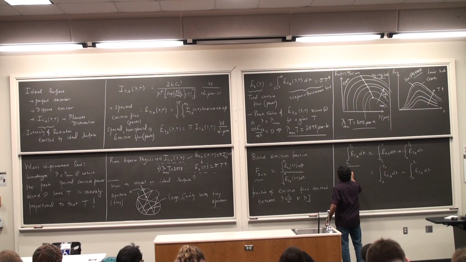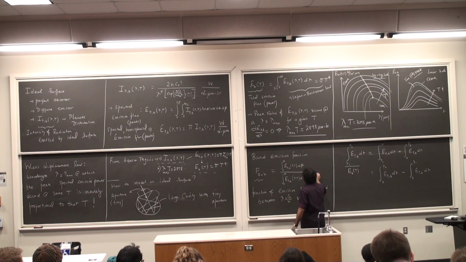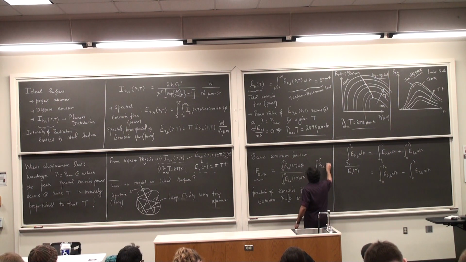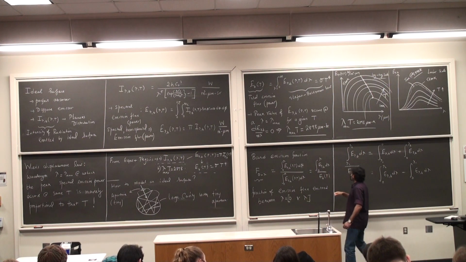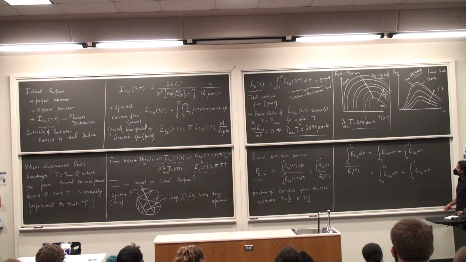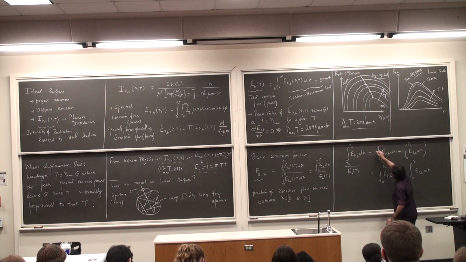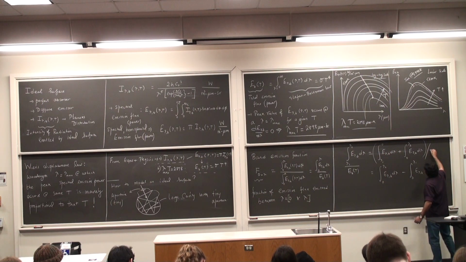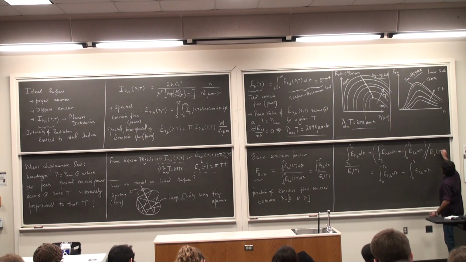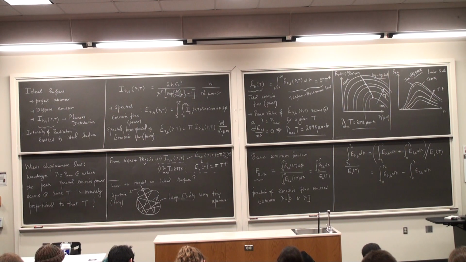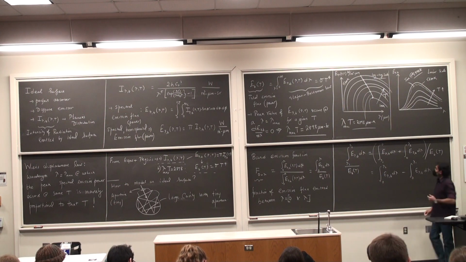And now if I divide everything by this quantity, E_b of T, if I take everything and divide it by E_b, then these individual pieces will also be divided by E_b.